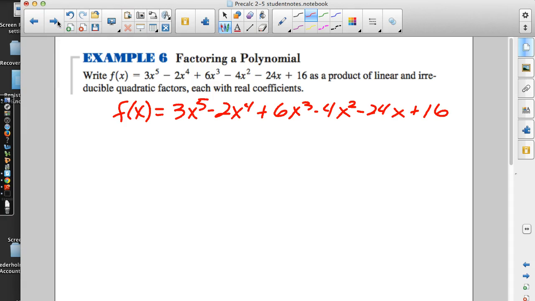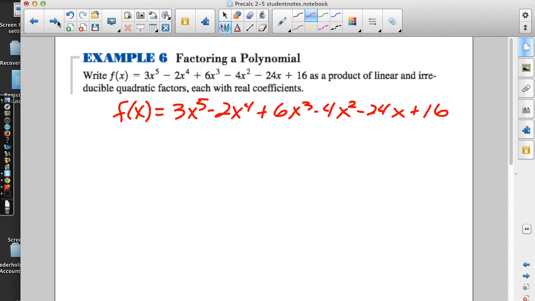And we start by saying, is there a greatest common factor? Is there something that's in all of these that we could pull out? No. Do we know any methods to factor a 6-term polynomial? We've got nothing. So where do we go?